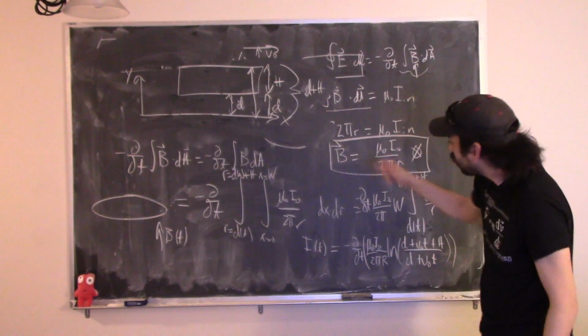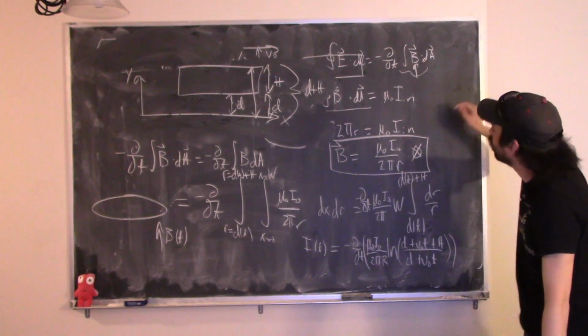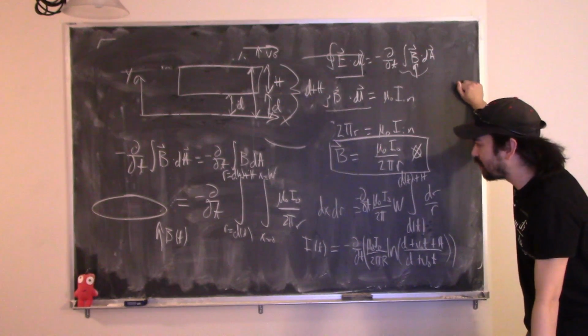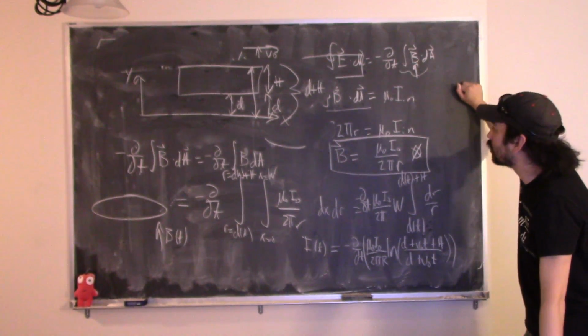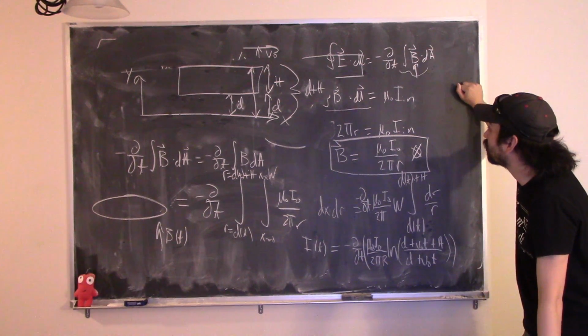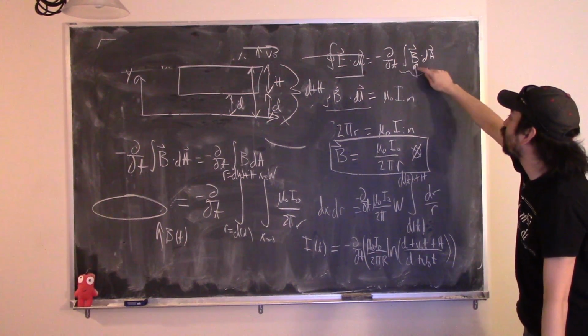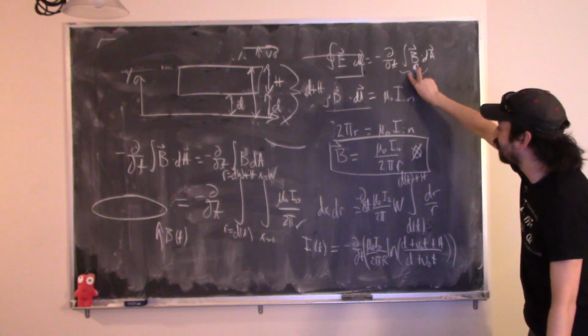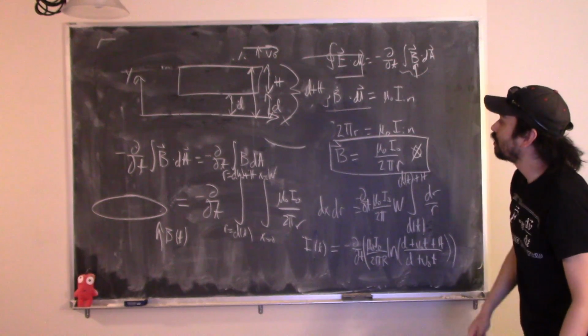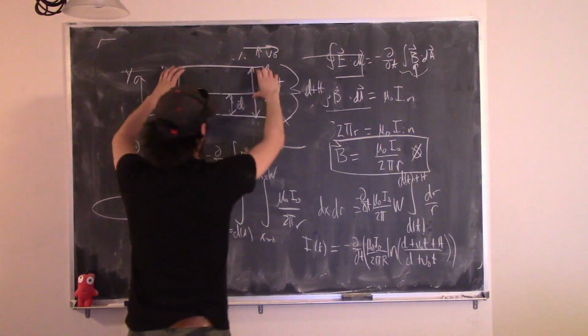But the last one, well, there's one more, and that's really some combination of any one of those. But another way that you can change the magnetic flux is to have a magnetic field where the magnetic field varies with some distance, and then move the loop from one place to another place.